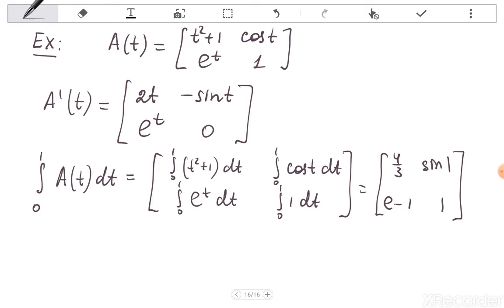And you can see that since these operations are pointwise, or element-wise, all this differentiation and integration satisfy the same properties as usual differentiation for functions. So for example, okay, let's write properties.